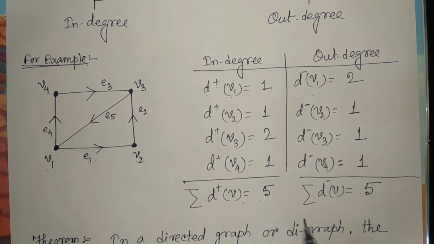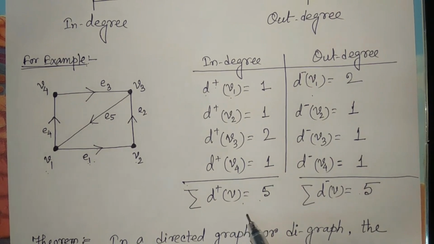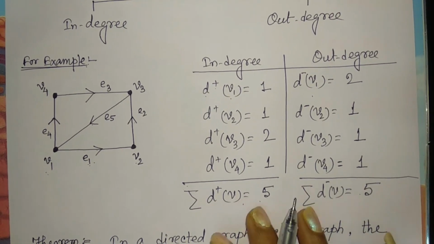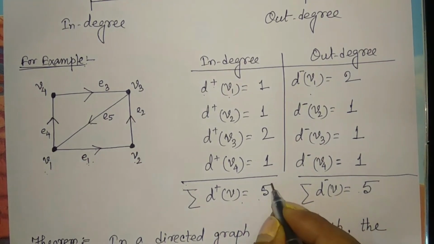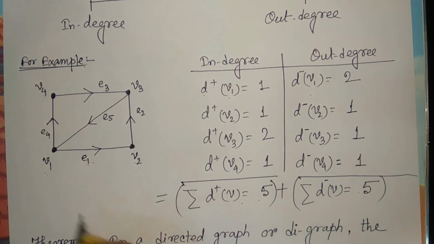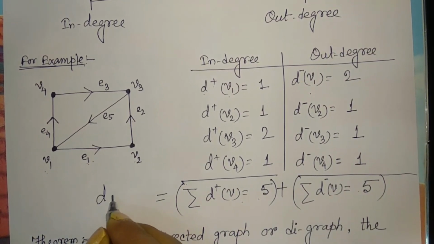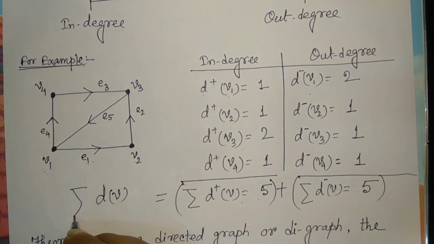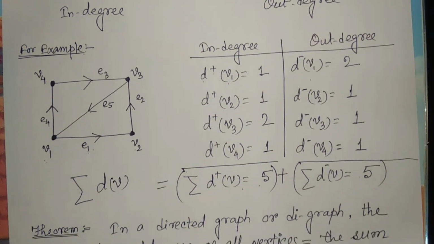Hence, the number of in degrees and out degrees are always the same, and if we add them, we find the total degree count for the graph.